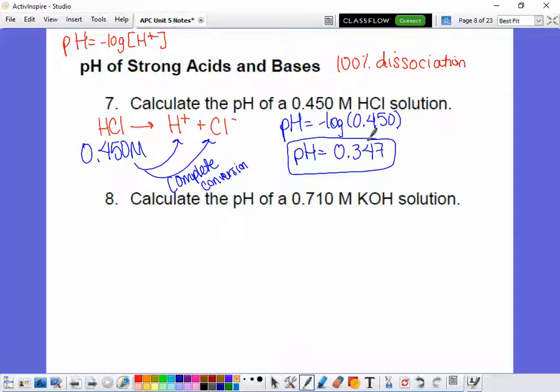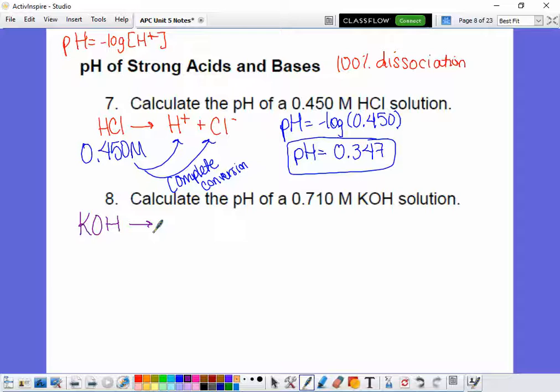What do you notice about this next problem, number 8? It's a base. Can you be more specific? It's a strong base because it's a group 1 metal with hydroxide. All right, so since this is a base, let's write out that dissociation equation.